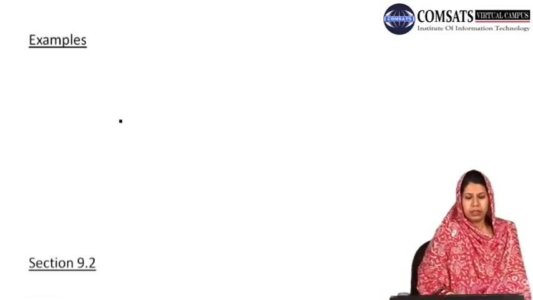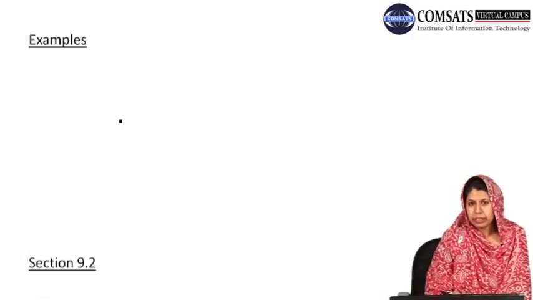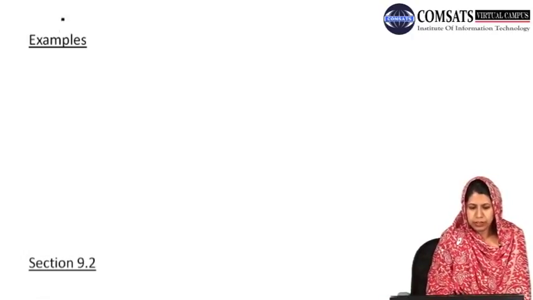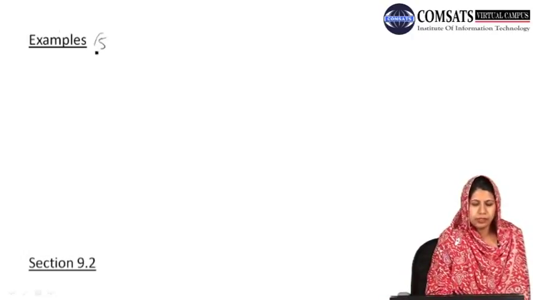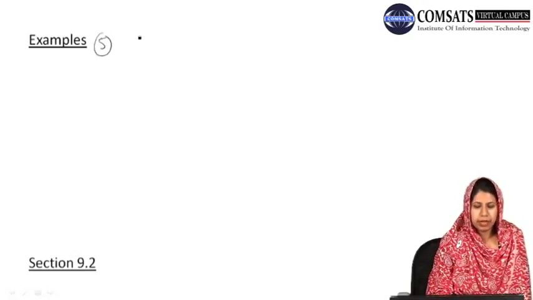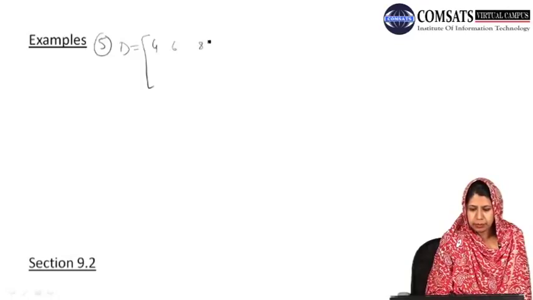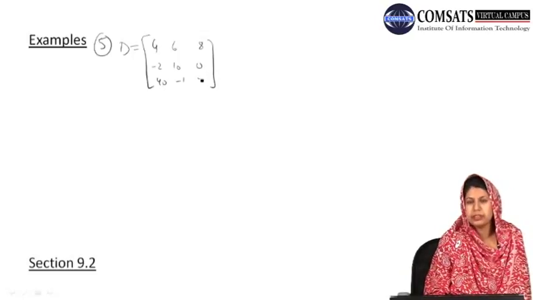Now we are interested in some more examples of a transpose of a matrix. Suppose we have our matrix D as 4, 6, 8, -2, 10, 0, 40, -1, -2.